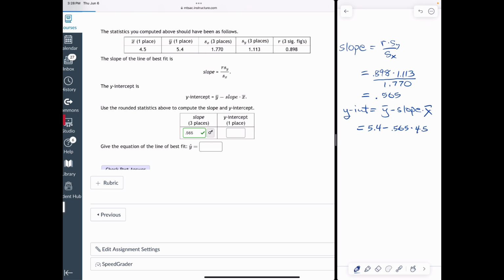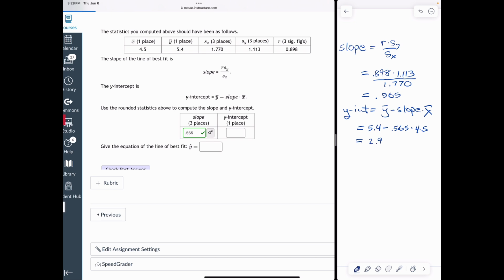Okay, and again, I'll just do this on a real calculator. Okay, and I get 2.8575, and it wants one place. So I'm going to round that to a 2.9.